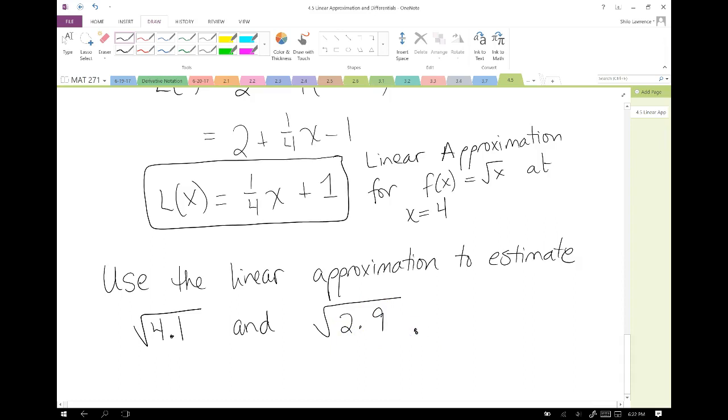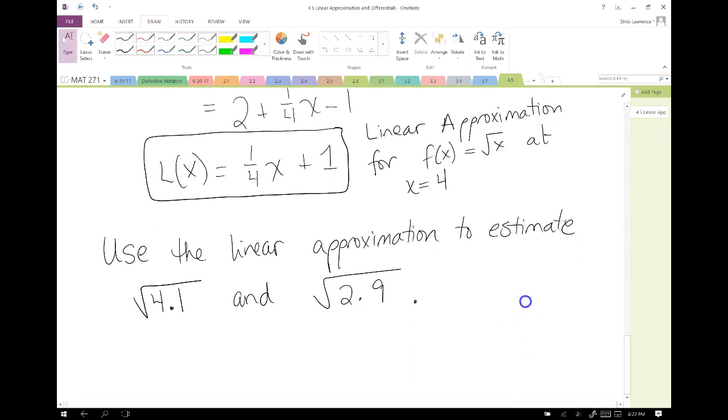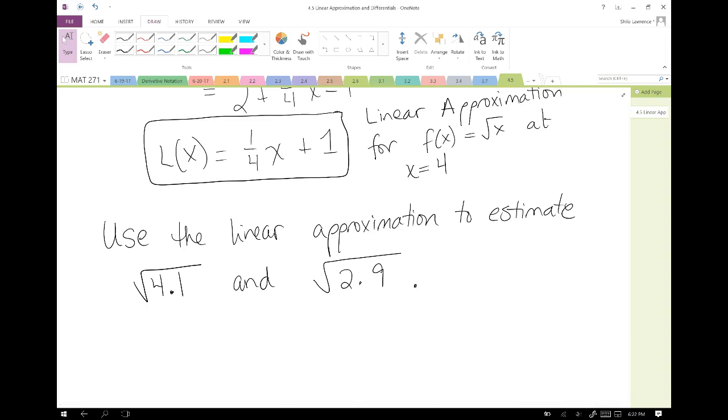So 4.1 is really close to 4. 2.9 is a little bit farther away. It doesn't matter that one of them is to the right of 4 and one of them is to the left of 4. That doesn't matter at all. So this x value that we have in our linear approximation is the value under the square root, because x is the number under the square root in our function f of x equals square root x.